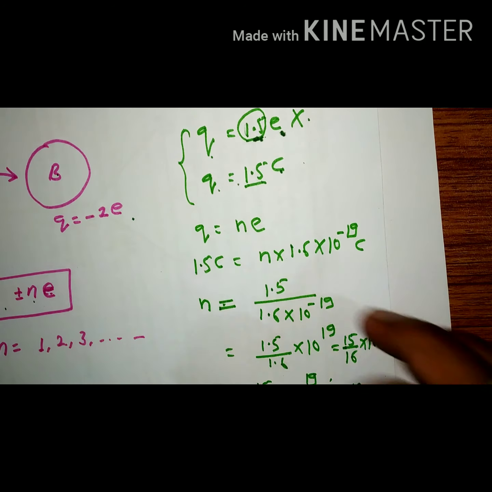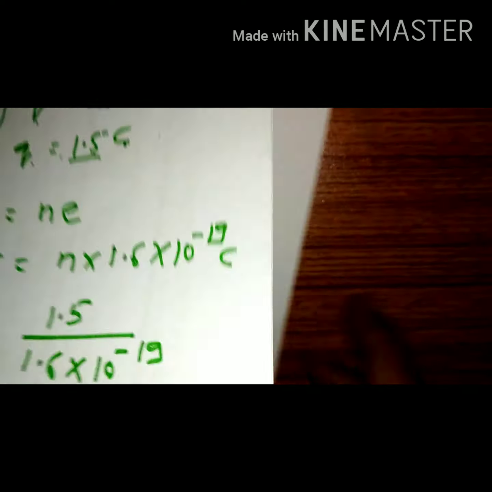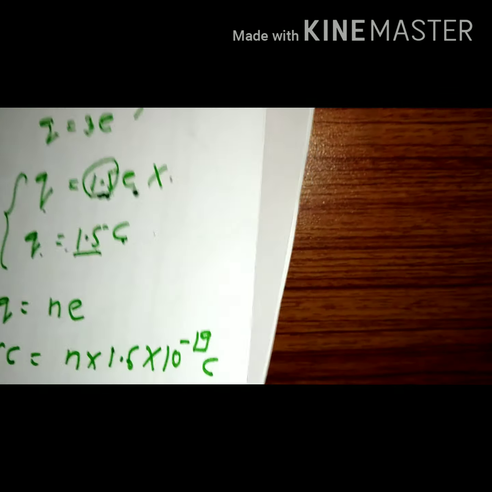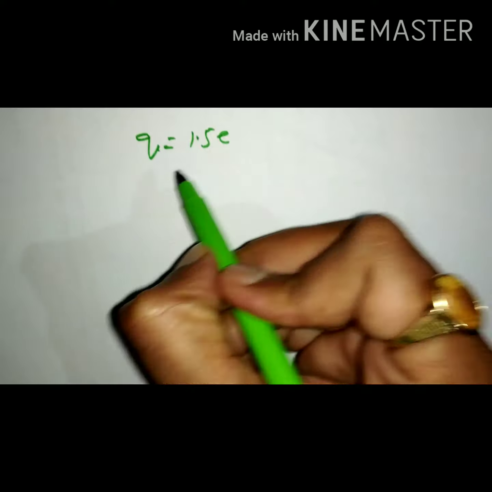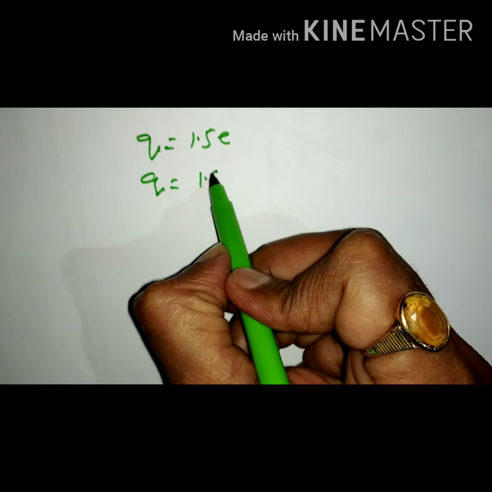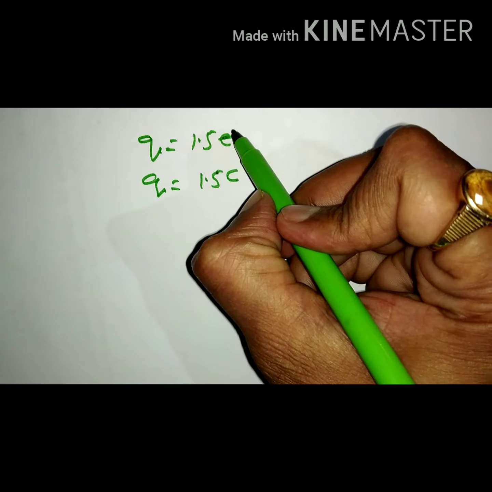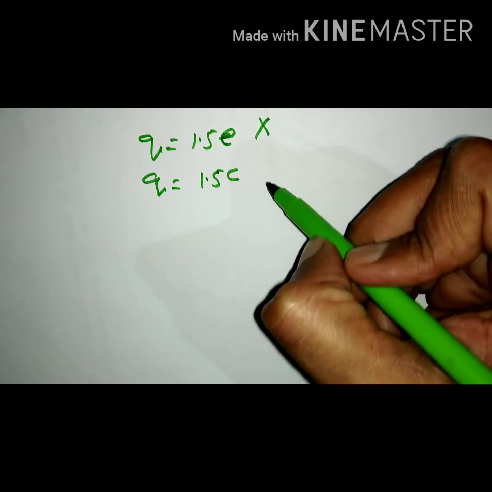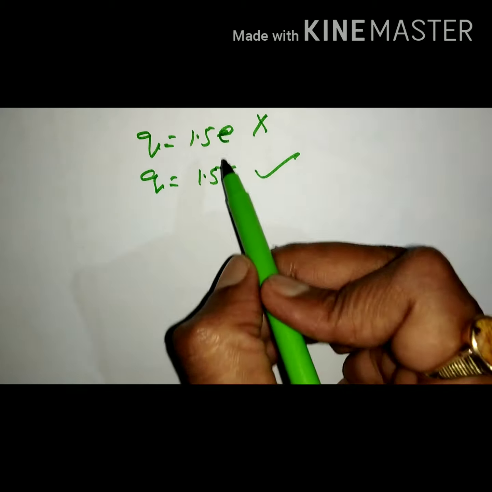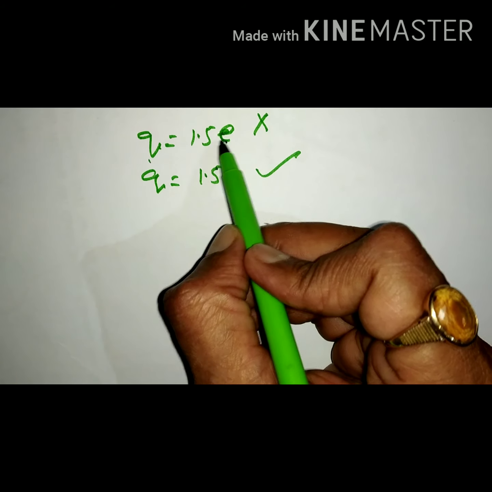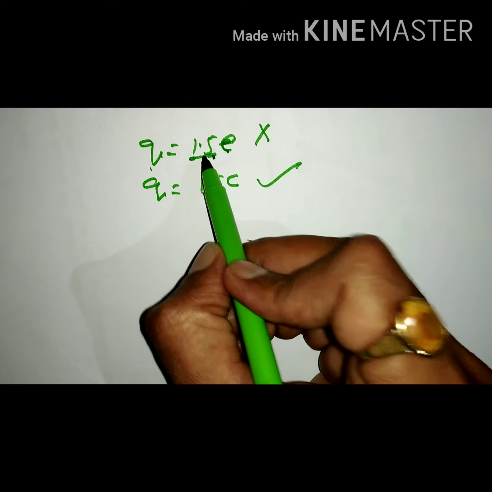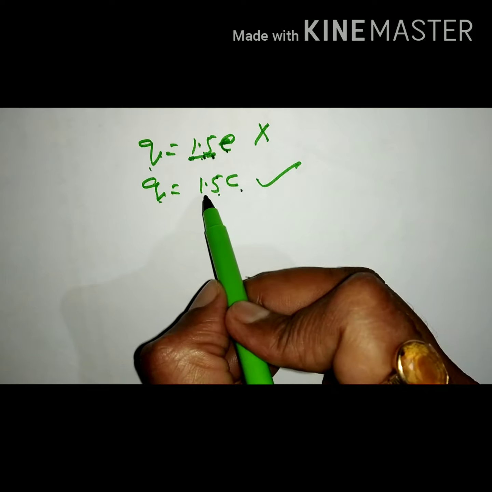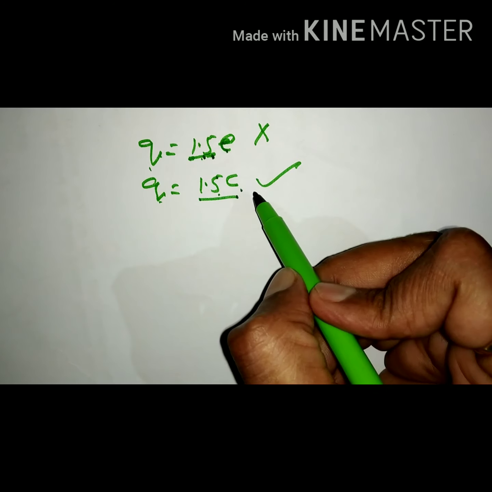If you have been given Q equals 1.5e and Q equals 1.5 coulomb, the first is not correct, not possible, whereas the second is correct. If the charge is a multiple of e, it should be an integral multiple, and 1.5 is not an integer. Whereas 1.5 coulomb is the absolute charge which can be held on a body.